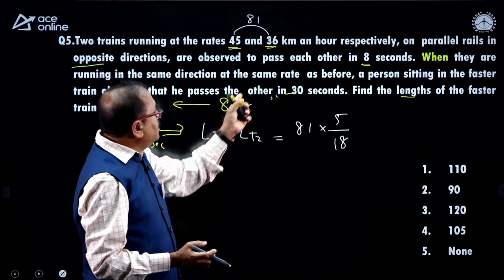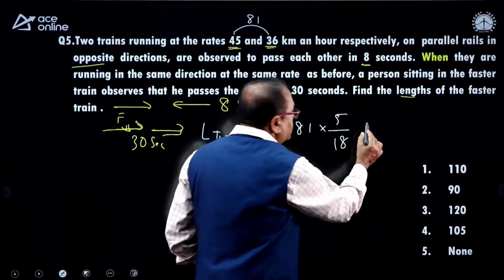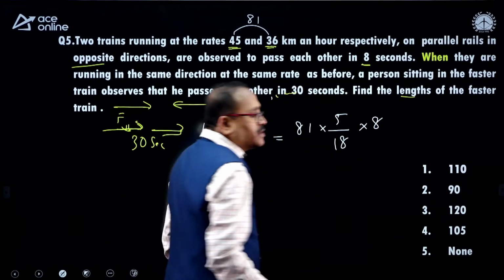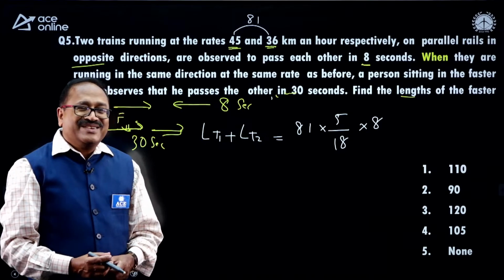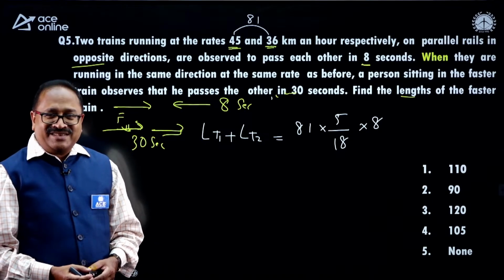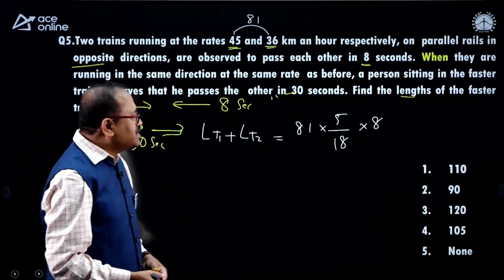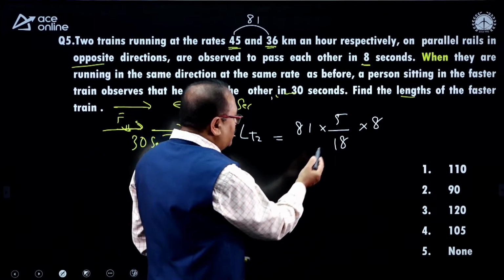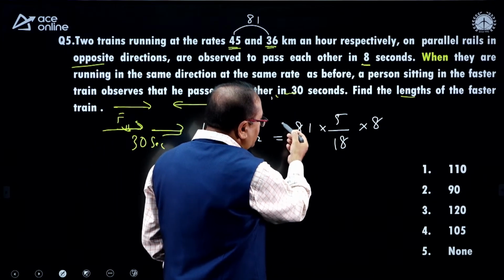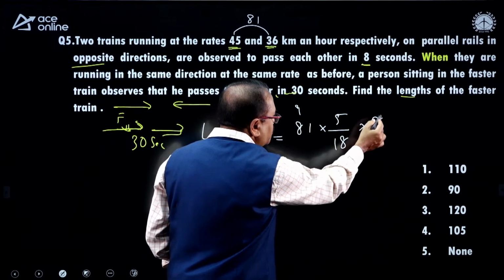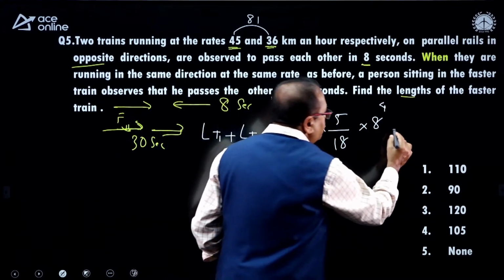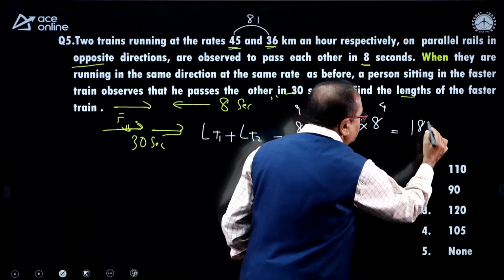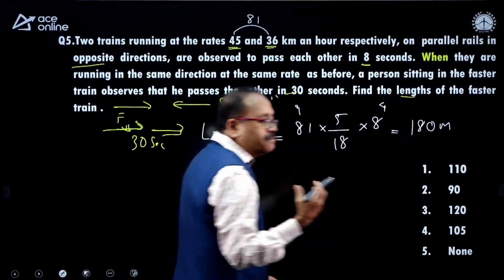And how many seconds did it take to cross each other? 8 seconds. This will give us the length of train 1 plus train 2. How much is that? So, cancel this one. I notice that this is 9 times 9, and with 2 this is 4 times, 4 5 20 and 180. So, the total length is 180 meter.